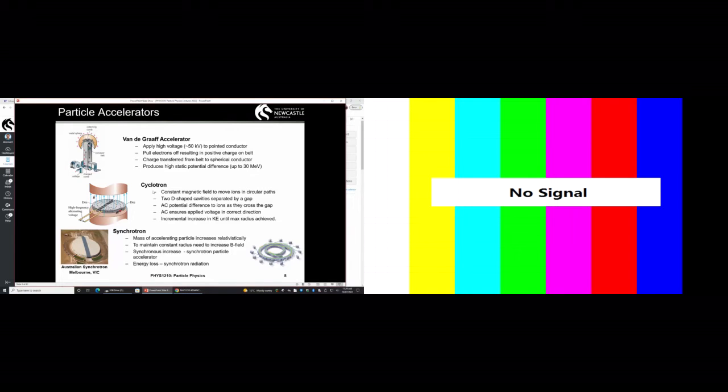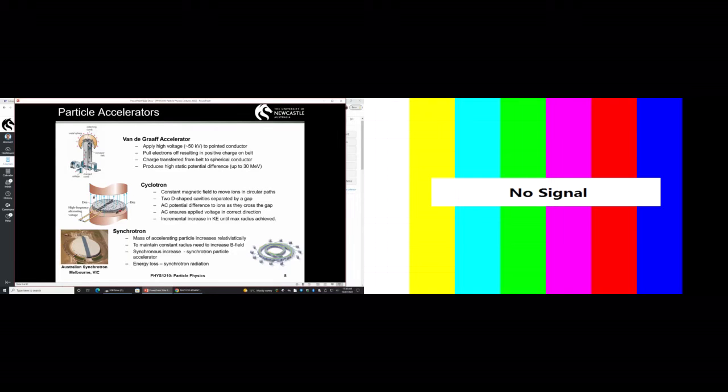So another thing you can do is use a so-called cyclotron. A cyclotron works if you have an electrically charged particle, because electrically charged particles, it turns out, move in a circular motion in a magnetic field. So the cyclotron configuration looks like this, with a magnetic field pointing, as shown here, vertically.